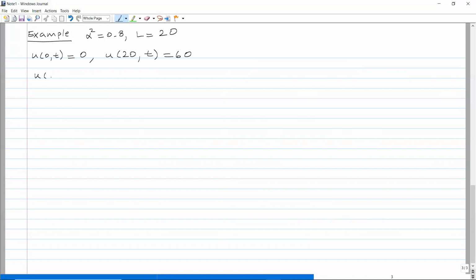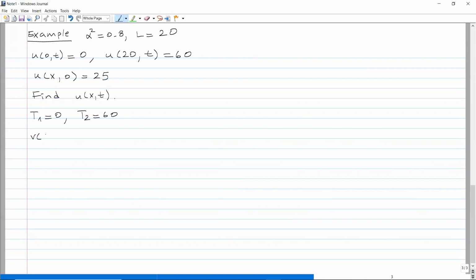And the initial heat distribution is 25. Under these conditions, let's find u(x,t). Okay, so the temperature T1 is 0 at the end x equals 0. Temperature T2 is 60.